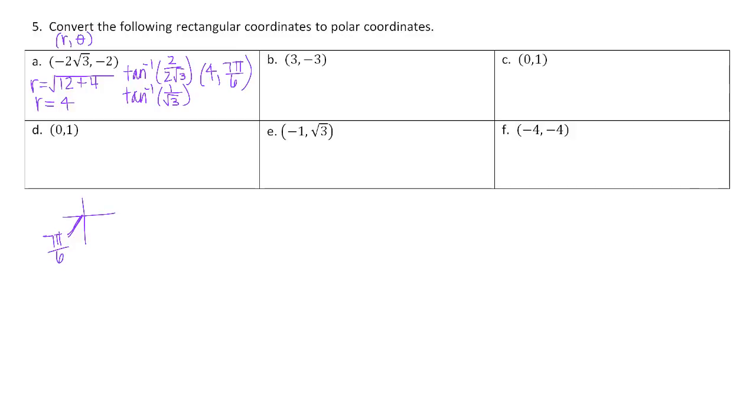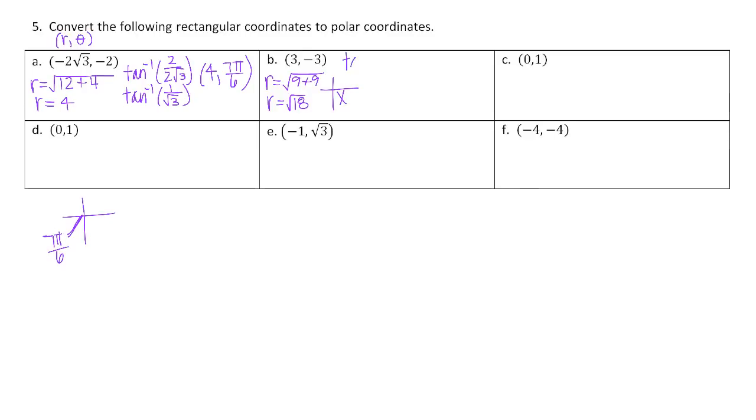Okay, moving on to the next. Again, the same process here. So to find our radius, it's going to be the square root of 9 plus 9. So our radius is the square root of 18. And again, you're welcome to leave it like that, or you can write 3 root 2. And then again, let's think about what quadrant we are going to be in. Well, x is positive, y is negative, so that's going to be in the fourth quadrant.